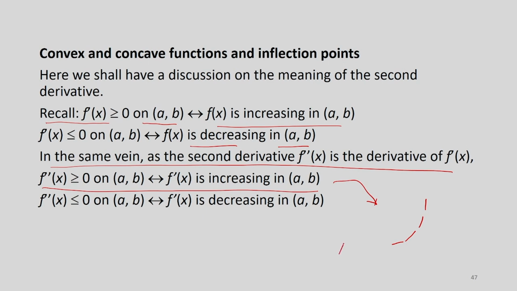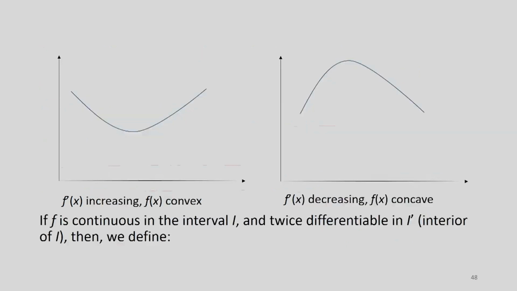So, it is something like this, the slope is going down. So, this is what it means. All right. And from this we can actually get an idea of concavity and convexity.